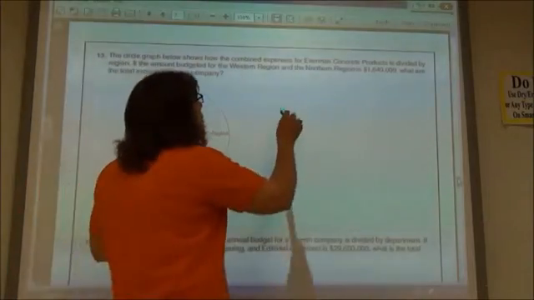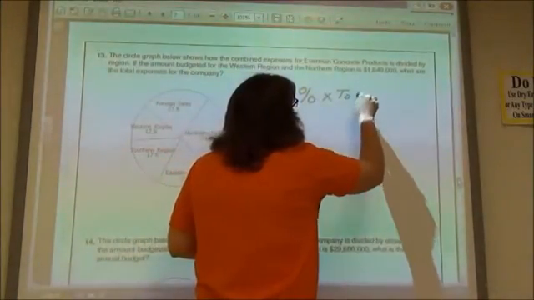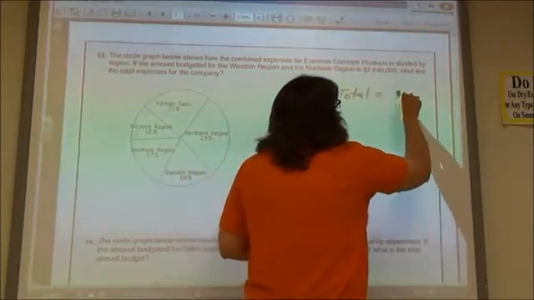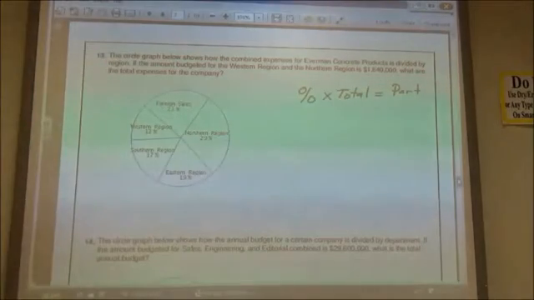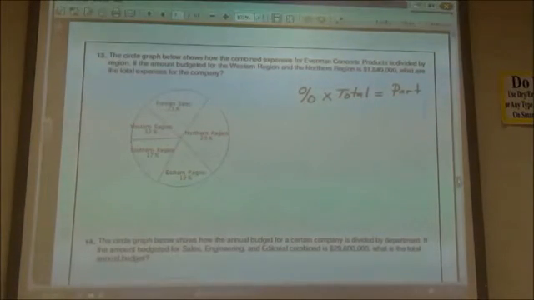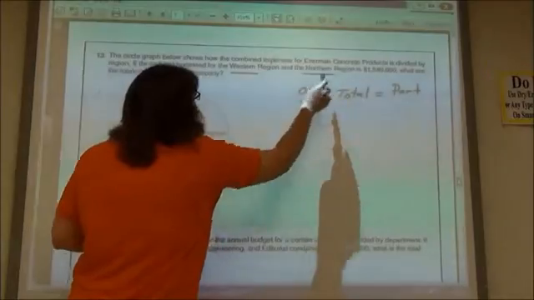What we need to know is that the percent times the total is equal to the part. For our formula, if you take 12% of the total of the pie chart, you get the part spent on the western region or whatever it is. So I'm doing the western region and the northern region.